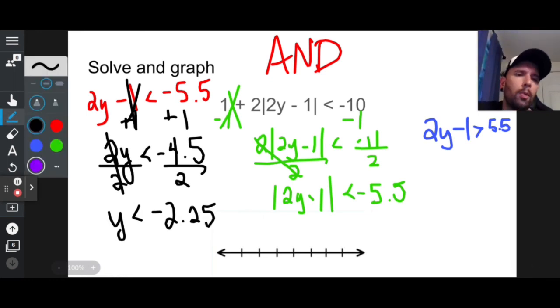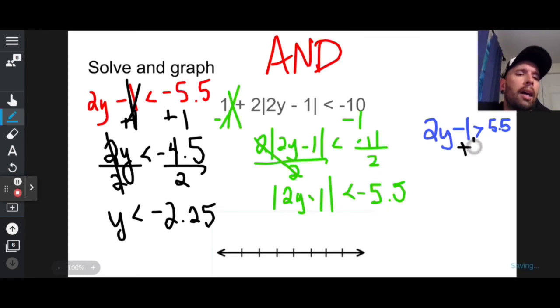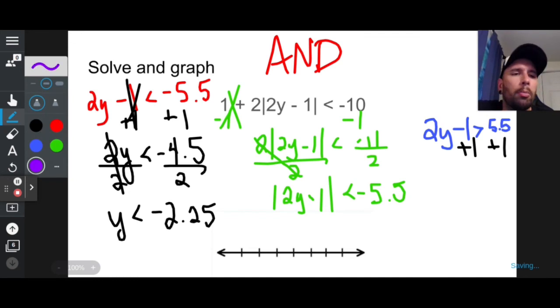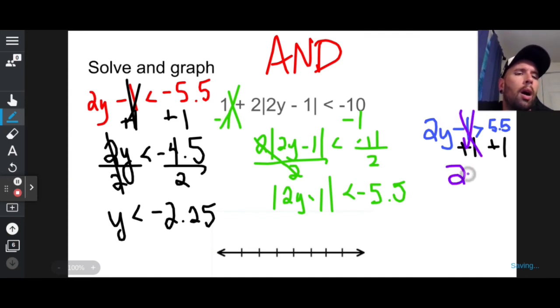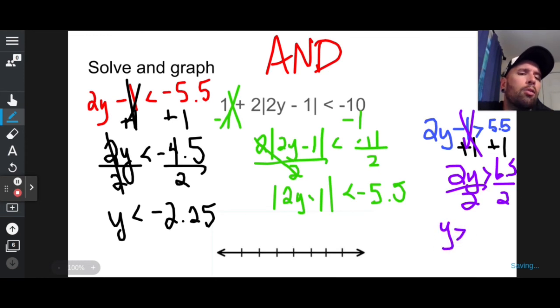Gross. I add 1. Let's keep going. 2y is greater than 6.5. Divide by 2. Y is greater than 3.25.